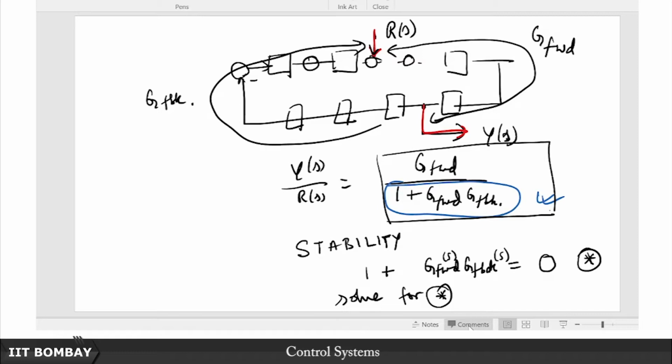In fact, we will be studying several methods, even without using computers or solving for roots of polynomials using computer programs. We will see that there are some very elegant and beautiful methods to ascertain whether your closed loop poles are all on the left half of the complex plane or not.